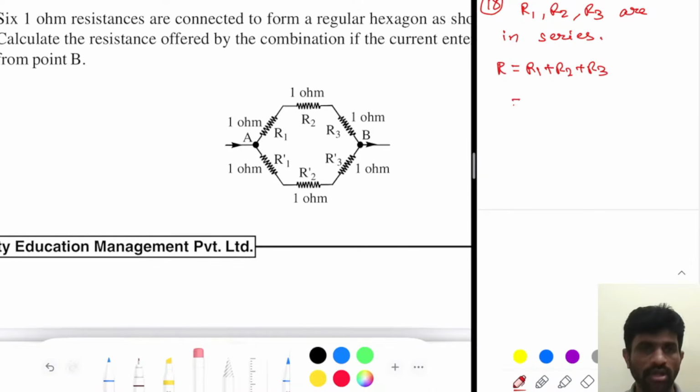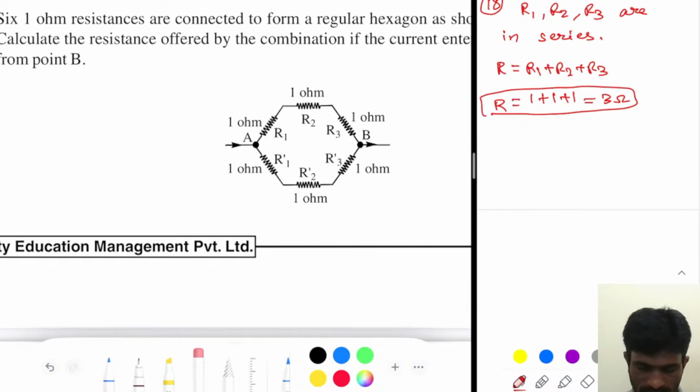Here all of them are 1 ohm only. So 1 plus 1 plus 1 is equal to 3 ohms. This is the first path, from here to here, total resistance 3 ohms. Similarly, from here to here also, total resistance 3 ohms.